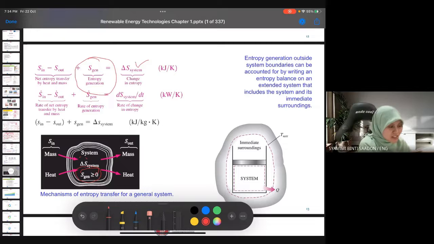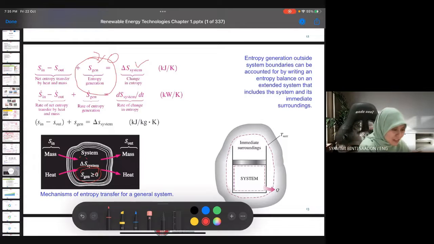Entropy generation is always a positive value, more than zero. There is always entropy generated, the disorder is always there. This total will equal the change in entropy of the whole system. Entropy generation outside system boundaries can be accounted for by writing an entropy balance.